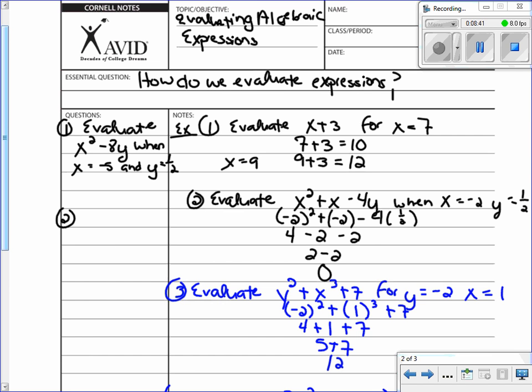The second one, you need to be able to evaluate g plus 6t when g is equal to 2 and t is equal to 11.